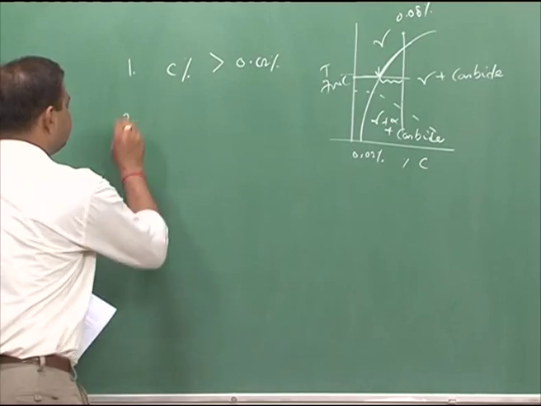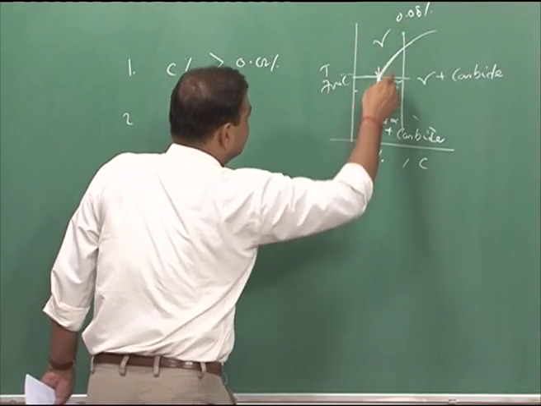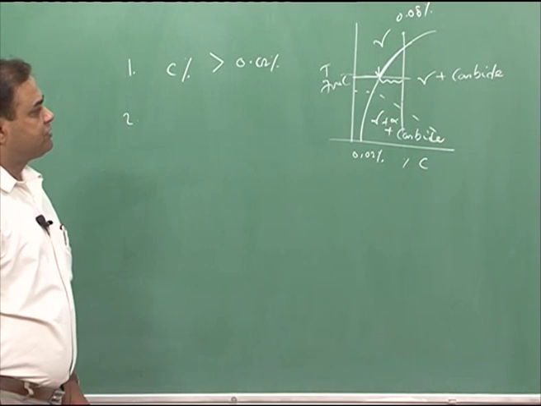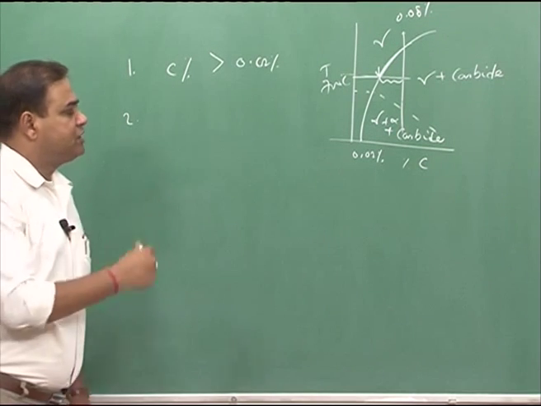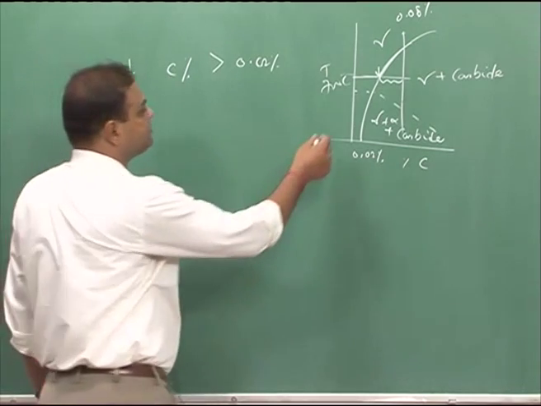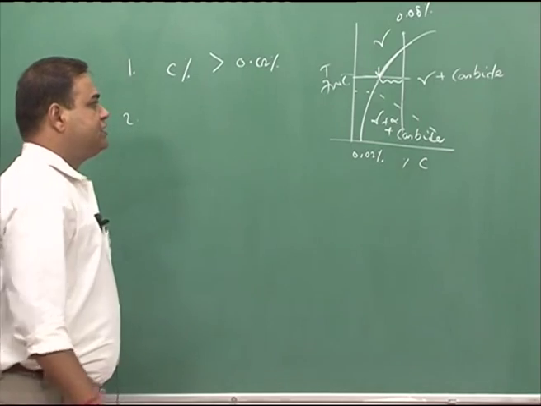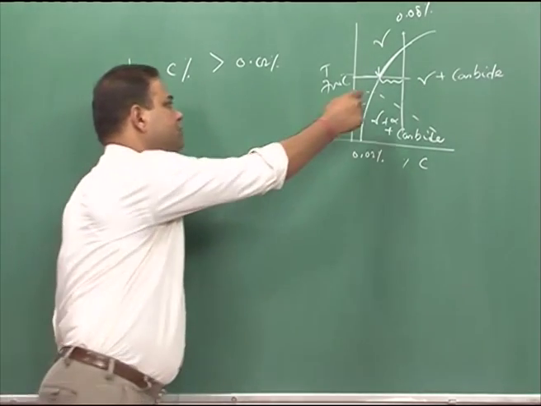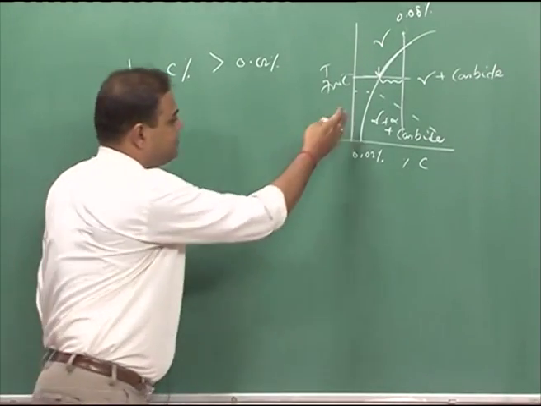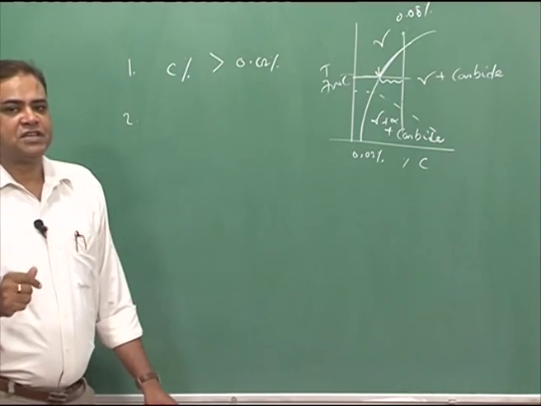Now, the second case is, if while cooling we cool it very fast, and since carbide formation is a nucleation and growth kind of phenomenon, if we do not allow sufficient time to form carbide in this zone, then whatever carbon is there in the solution at this stage will stay in the solution even at low temperature, and the solution becomes supersaturated with carbon.